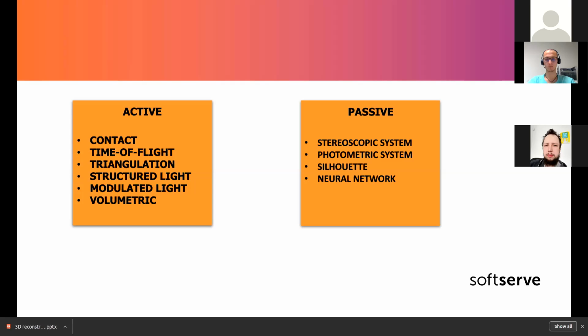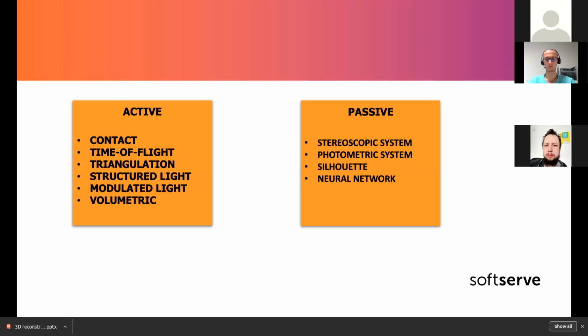And so for that reason, we cannot reach very high resolution and detail. Also, triangulation, like active stereoscopy, where we take multiple images and then use triangulation to measure the depth of the observed images. And especially what we're talking about is structured light.